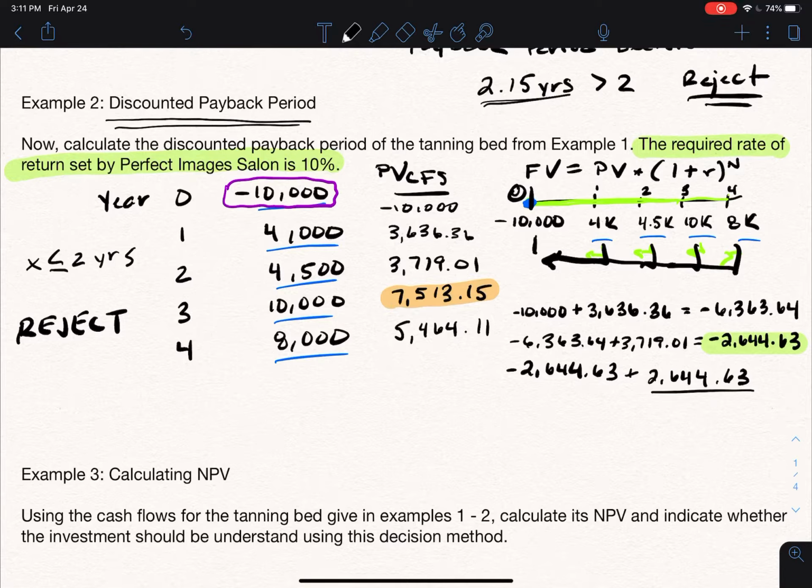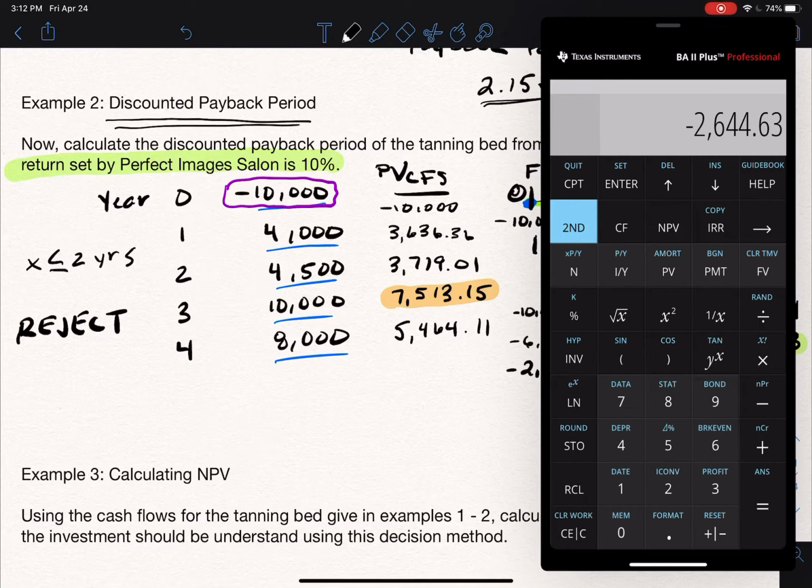So we need to figure out what portion of year three it would take to finish this off, which is kind of like just making a fraction like we did the first time. So we're going to put that over 7,513.15, and that tells us what portion of year 3 that we would need to get to year 0. So we're just going to divide that by 7513.15.